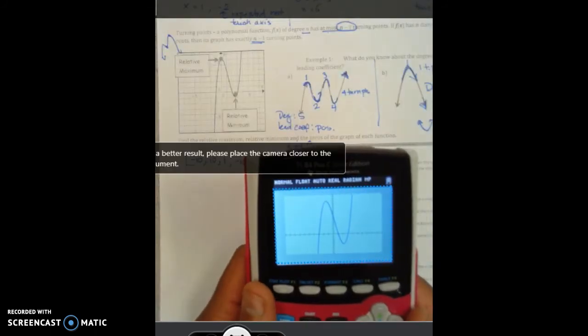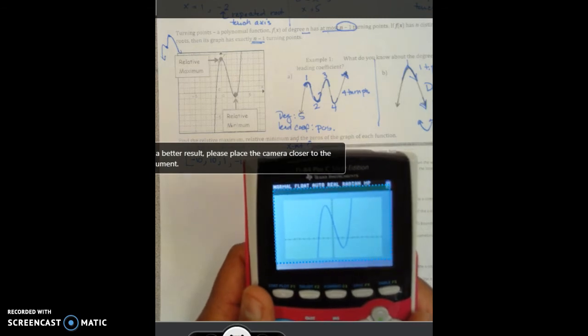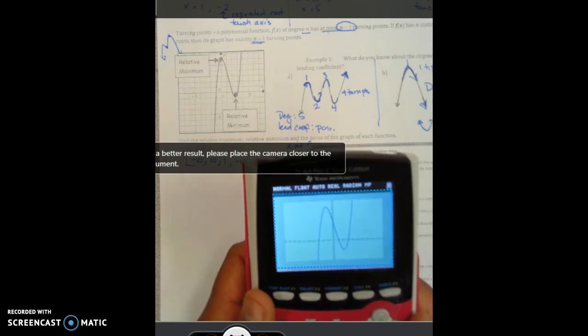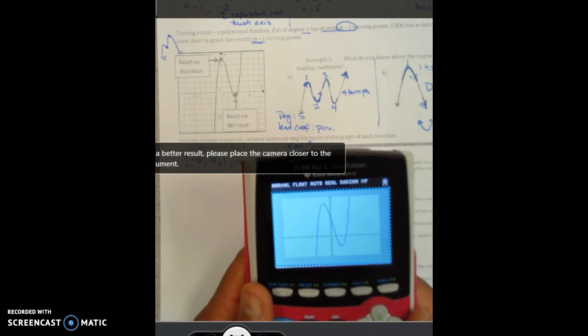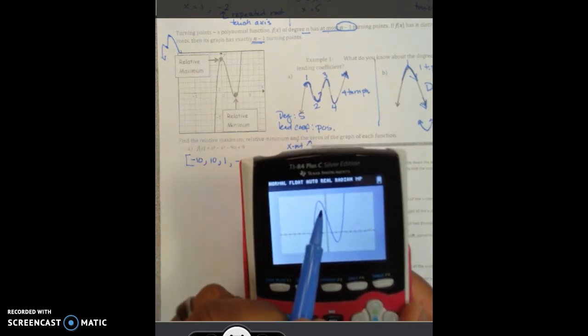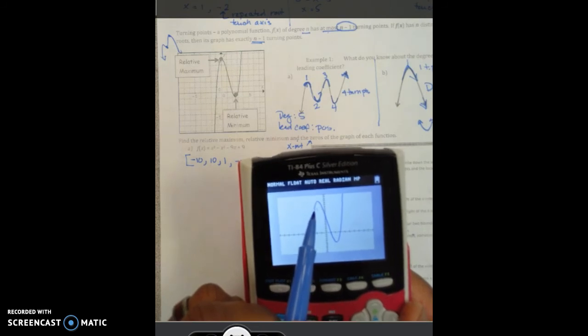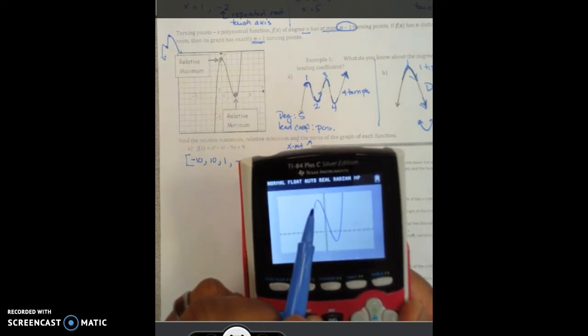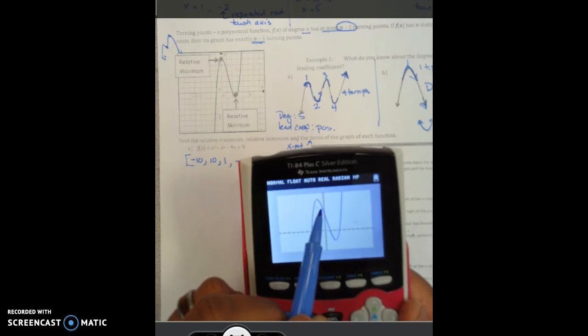And then hit graph. Okay, so if you plugged it in correctly, then you have the same exact graph that I have right here. And we're going to find a couple things. The first thing I'm going to have you find is your relative maximum. So just to point to it, your relative maximum is this point right here. When you do set up your boundaries, make sure your left boundary is to the left of it and your right boundary is to the right of it.